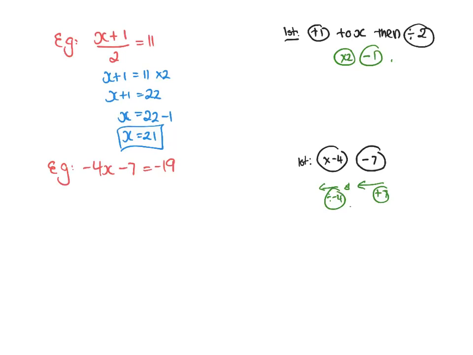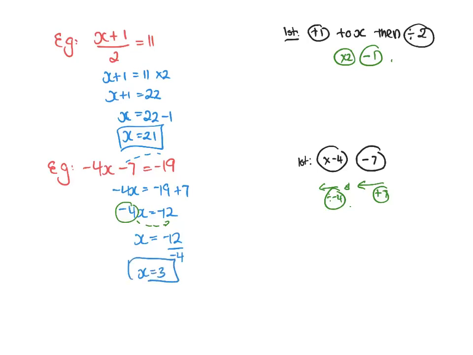So let's have a look. -4x equals -19. Now I've moved that over, so it's become plus 7. So we get -4x equals -12. Now we're going to move this. It's timesing, so it'll divide on the other side. So we get -12 divided by -4, which equals positive 3. So there's our answer. Okay, I'll just do one more for you.